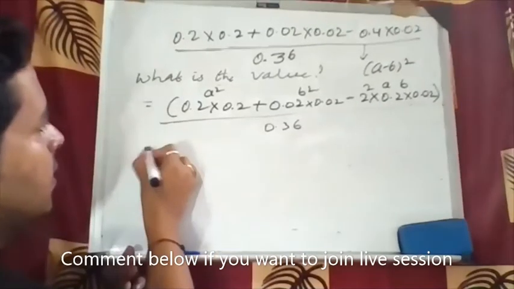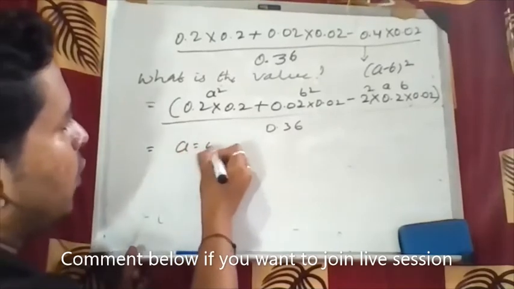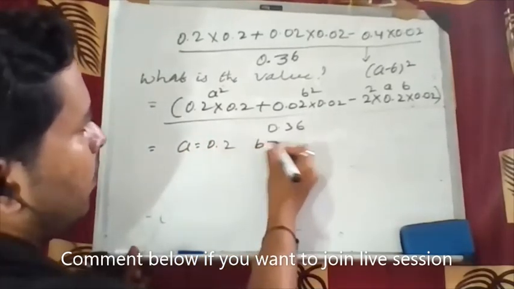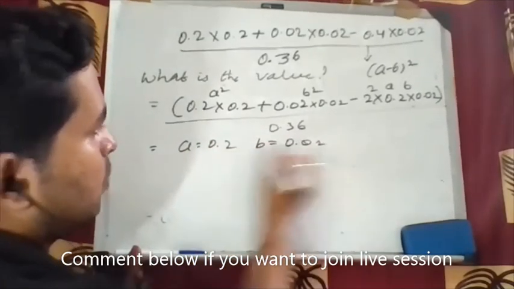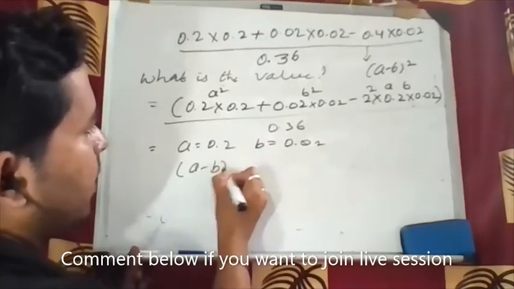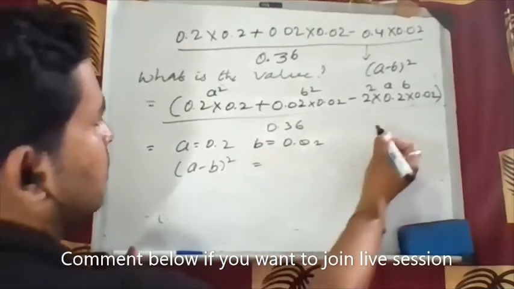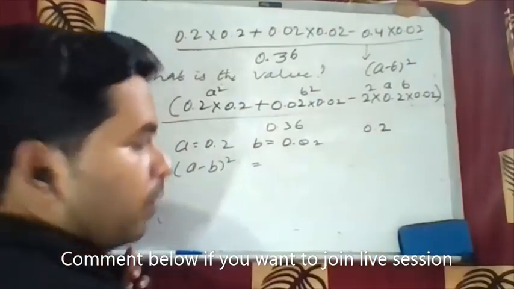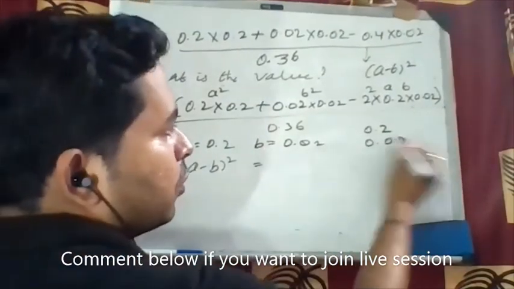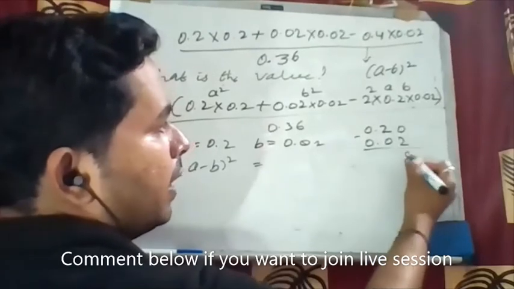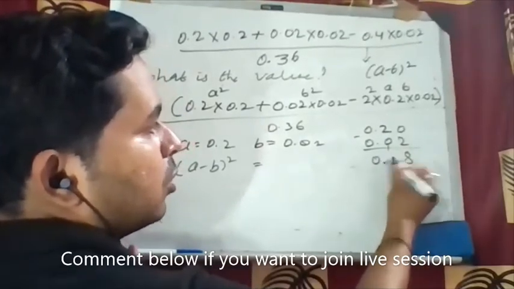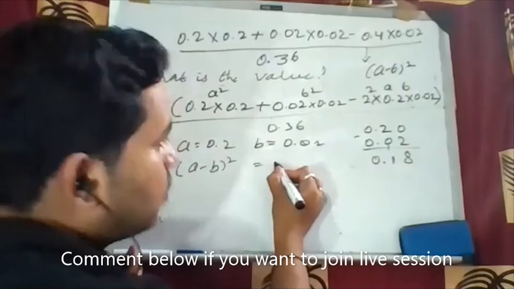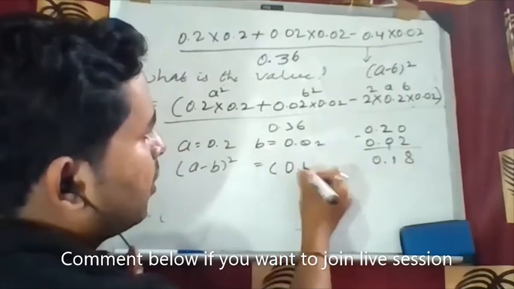So here what is the a value now, 0.2, and the b value is 0.02. So what is the formula? A minus b square. So subtract these, 0.18 has come. So what is the answer? 0.18 square.